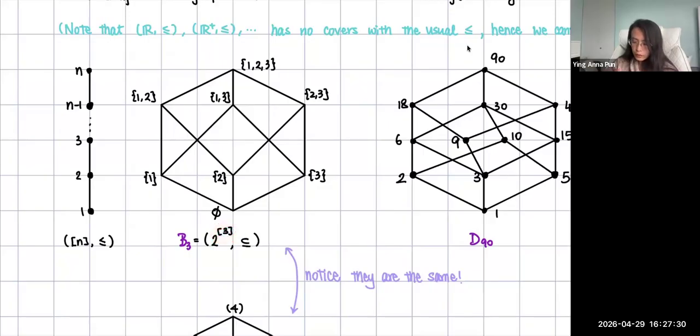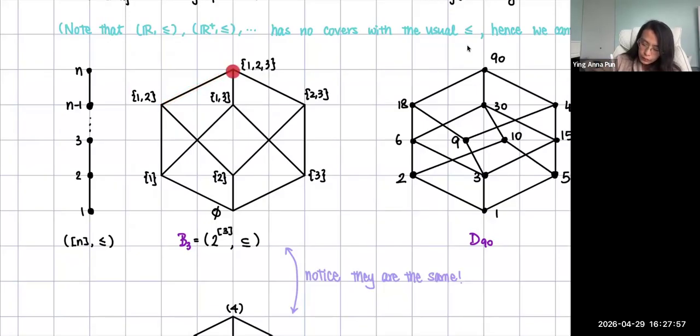The subsets of the set 1, 2, 3 are the empty set, 1, 2, and 3, then the size 2 subsets, and then itself. You can see that 1, 2 is a subset of 1, 2, 3, and there are no other sets in between 1, 2 and 1, 2, 3 using the inclusion comparison. That's why we have a line here.